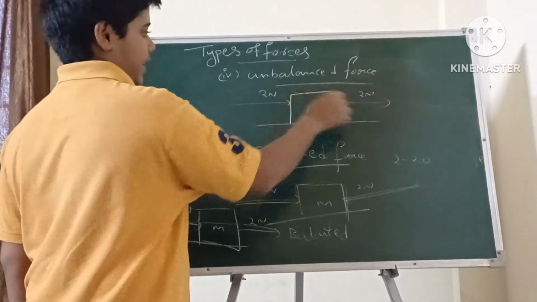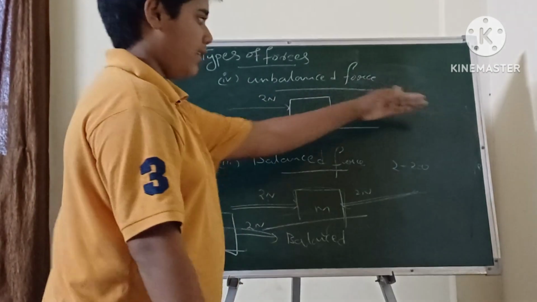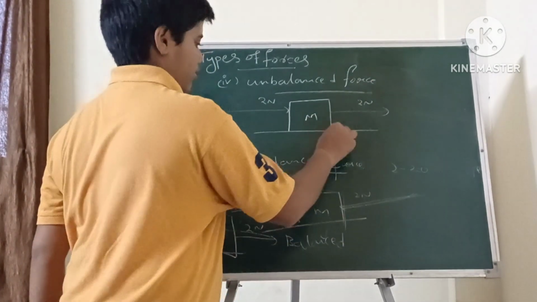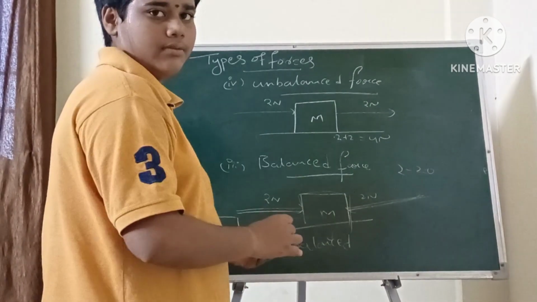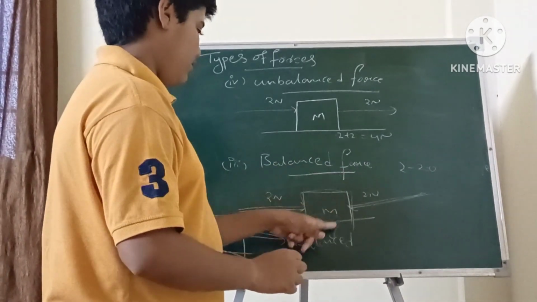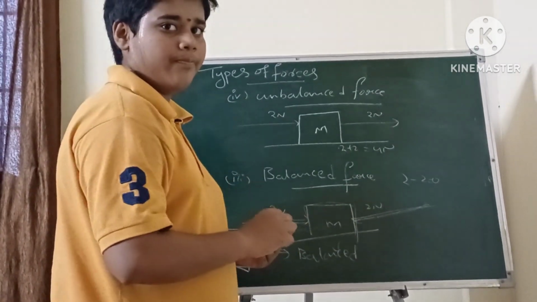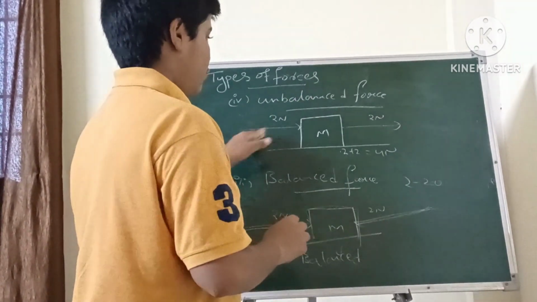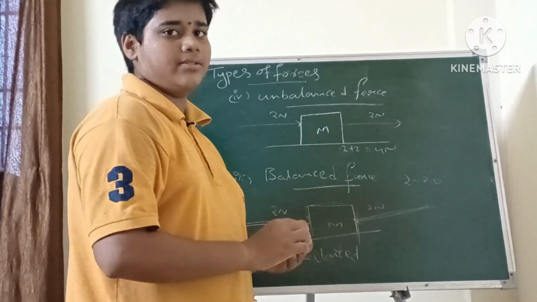Here force applied is 2 plus 2 because these forces are in same direction. So 2 plus 2, 4 newtons. So this is unbalanced. Balanced means it is in rest state when 2 forces are applied. Unbalanced means 2 forces applied, it displaces some distance.